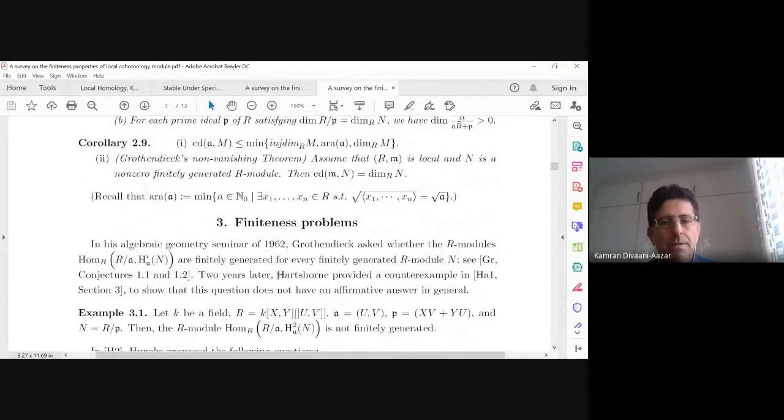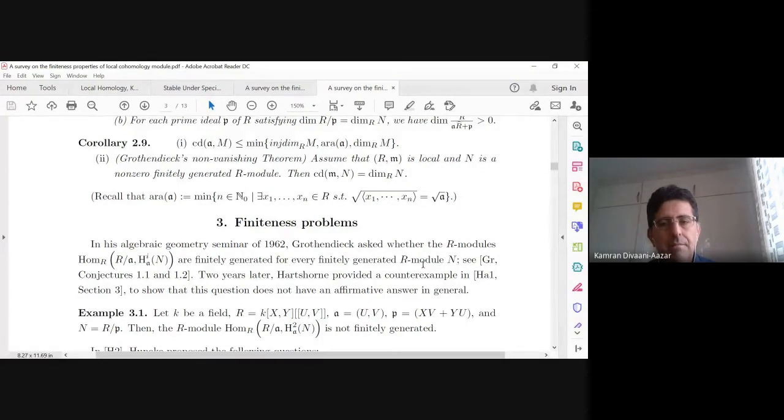Now I'm going to explain what the finiteness problems in local cohomology are. What type of problems are called finiteness problems? In 1962, Grothendieck asked the following question in his algebraic geometry seminar.